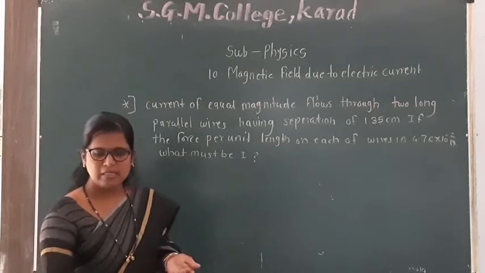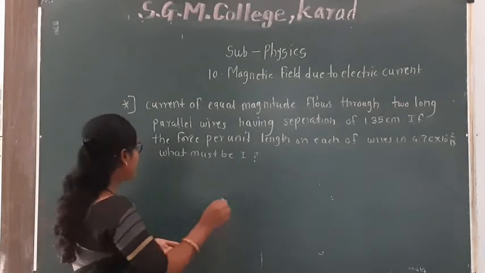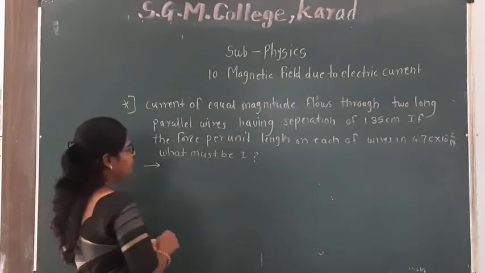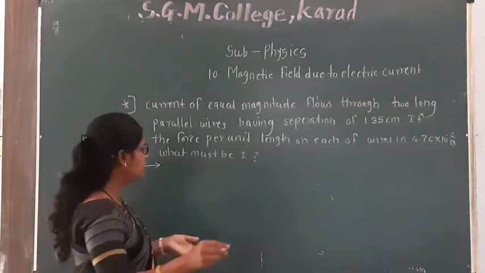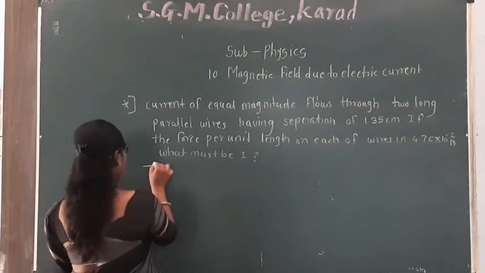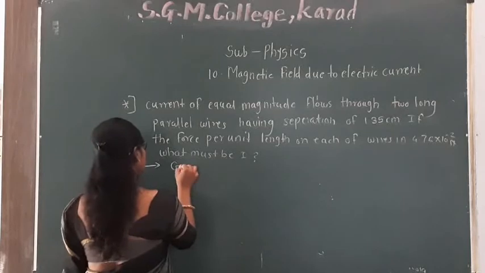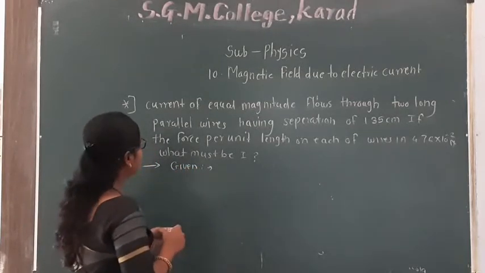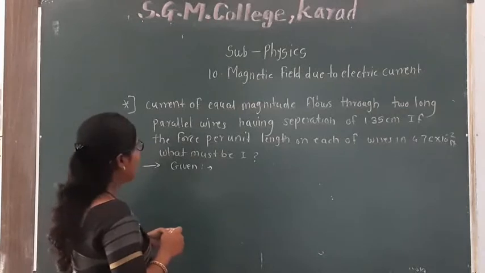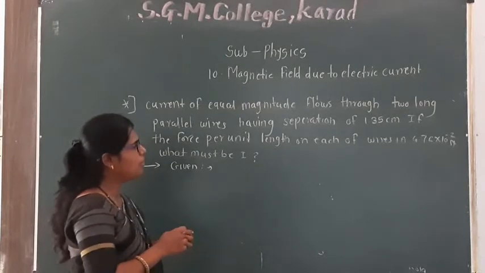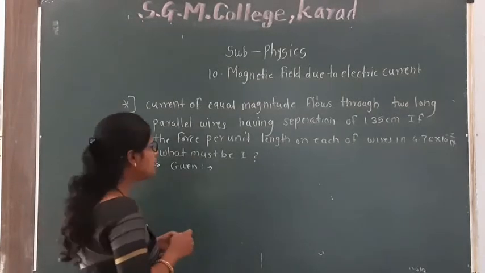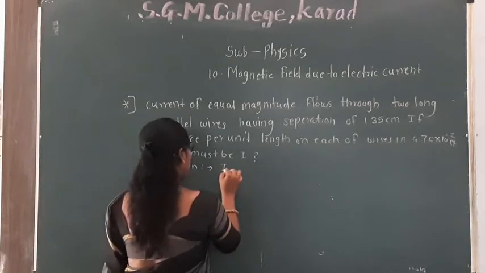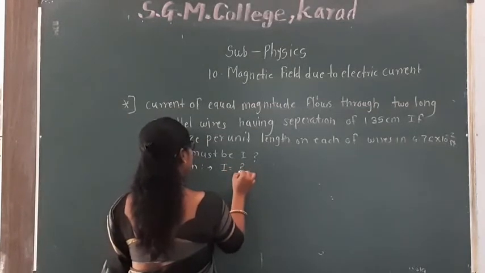Now in this example we have to calculate the value of current. First of all we write what is given. Two long parallel wires having the separation 1.35 centimeter, and we have to calculate I equal to question mark.